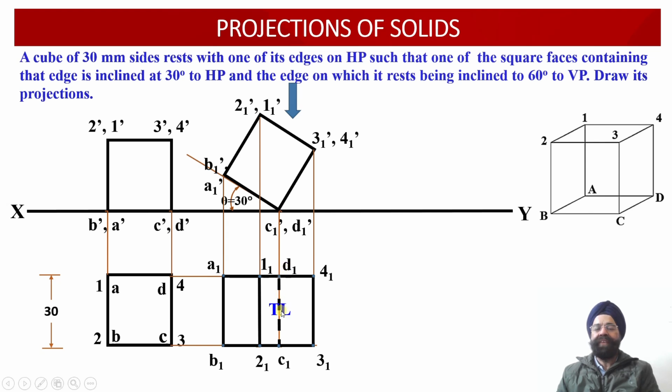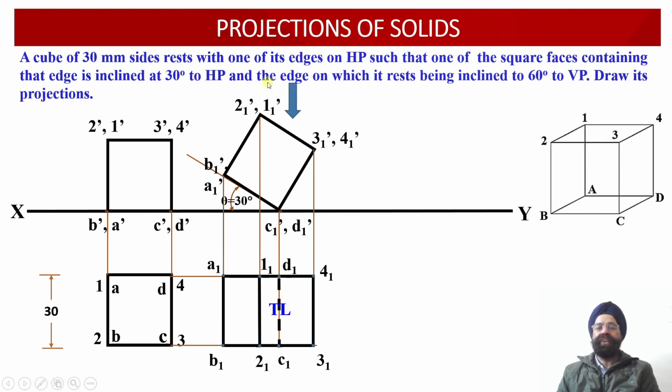C1, D1 is the edge onto which the cube is resting onto the ground, while the face ABCD happens to be inclined at an angle of 30 degrees with respect to the horizontal plane. So even though this edge C1, D1 is not visible to the observer from the top, it is still the true length as it appears to us in the top view projections.